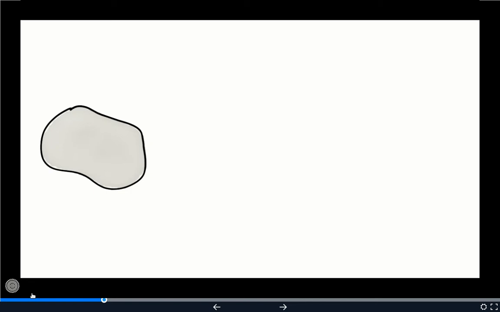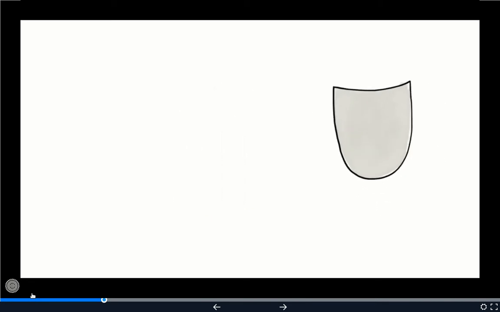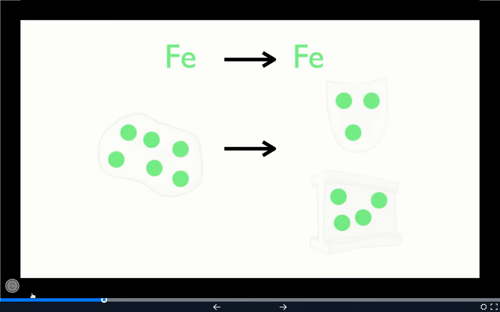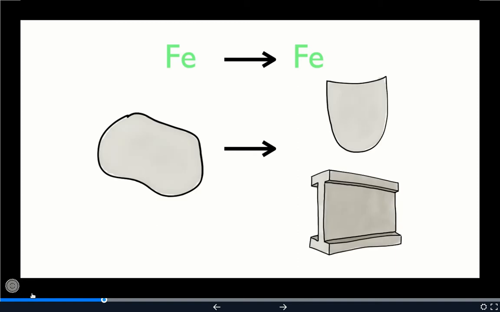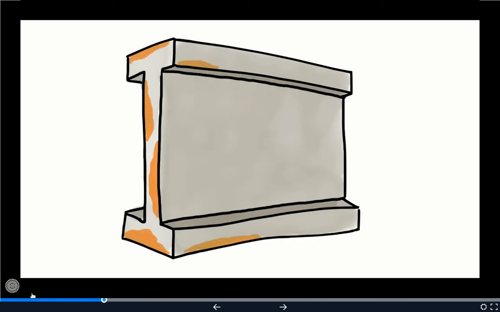Another example of a physical change would be bending iron metal. Iron can be made into I-beams or pressed into shapes. Whether the iron is in a beam or in a shape, it still is Fe atoms, just in a different shape. A chemical change occurs when an entire new material is created or the atoms become rearranged.